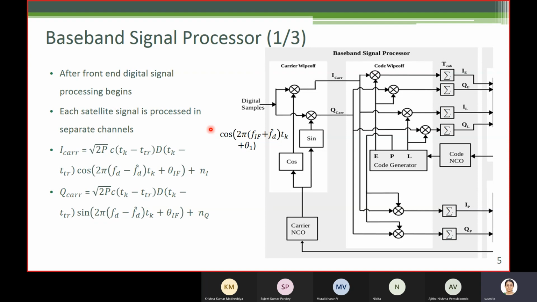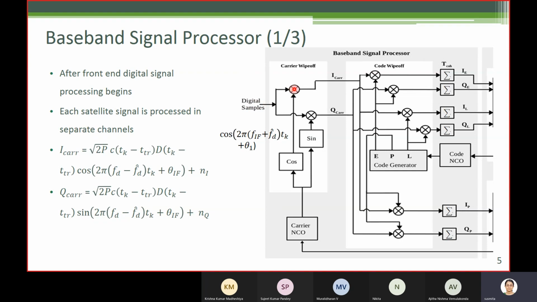So those receivers should have at least 100 channels running together. Here we just see the baseband component for one particular channel. Now what is happening here? So we had the digital samples from the front end. S of k for different instances of time are coming from the front end.